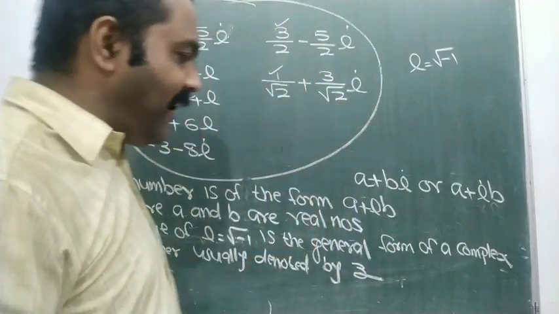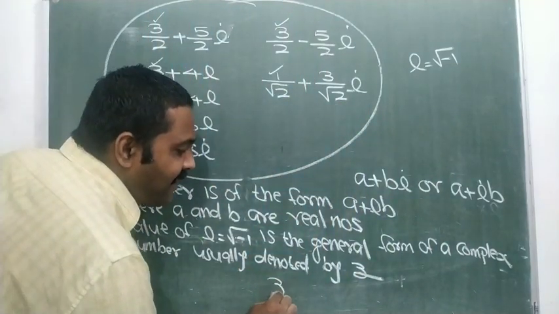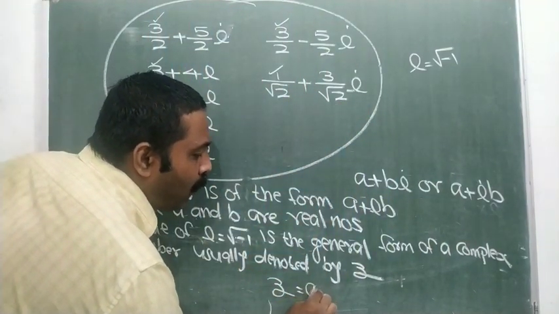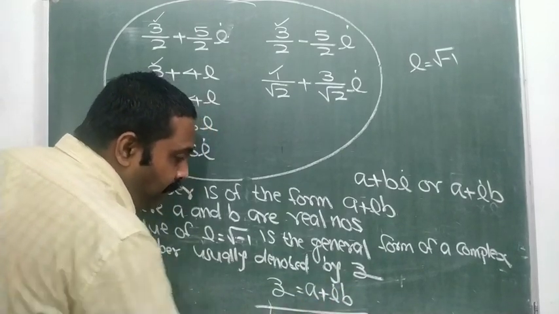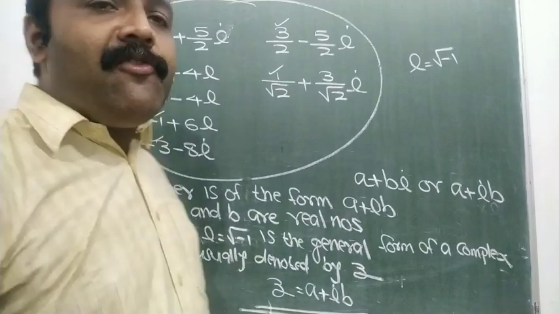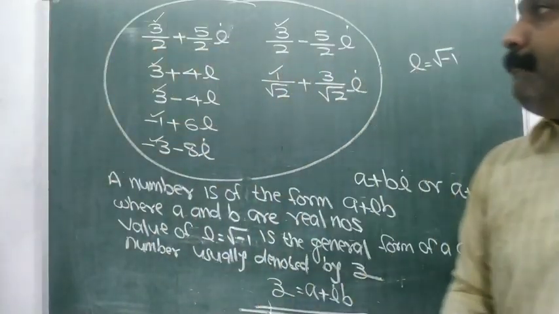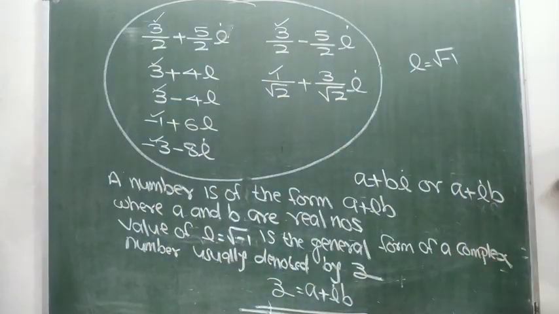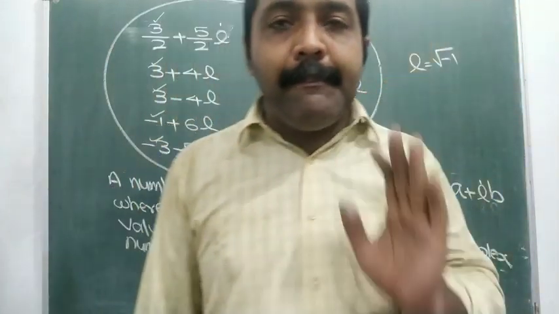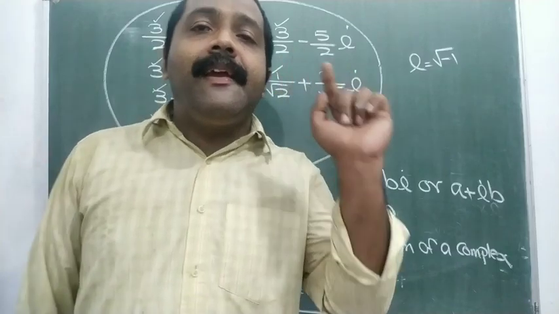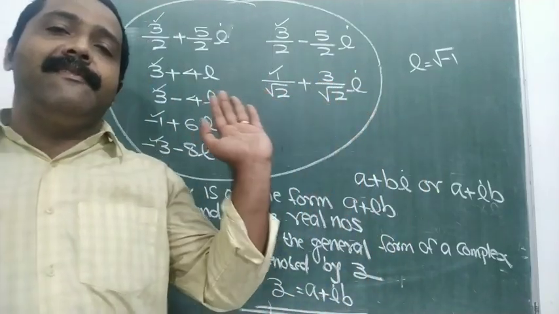Now we can write z is equal to a plus ib. The general form of a complex number is a plus ib, where a and b are real numbers and i is equal to root minus 1.